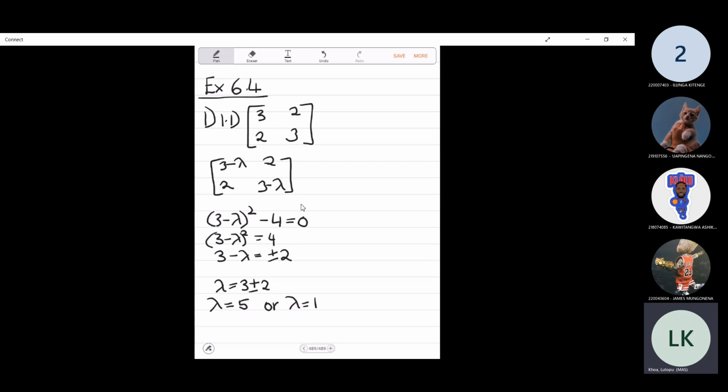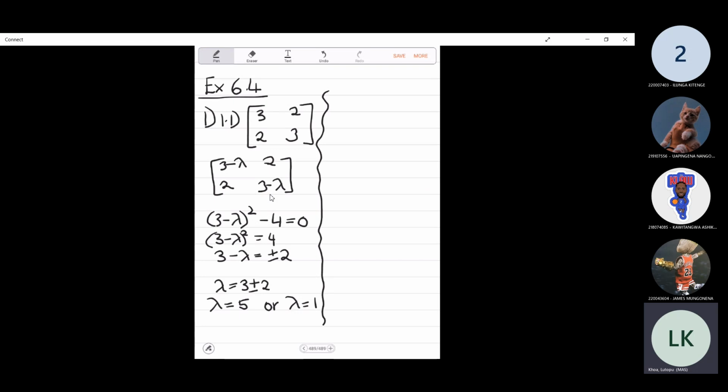So those are my two eigenvalues. Then I will substitute both of them here and then work out my bases, and then the non-basic variable I will equate to a or b, and then come up with a family of eigenvectors.